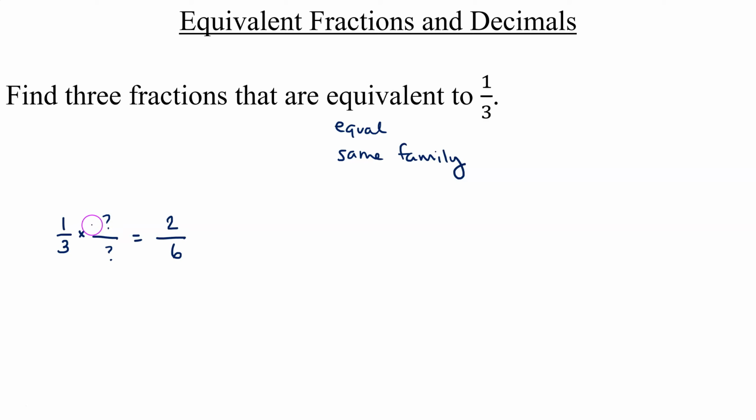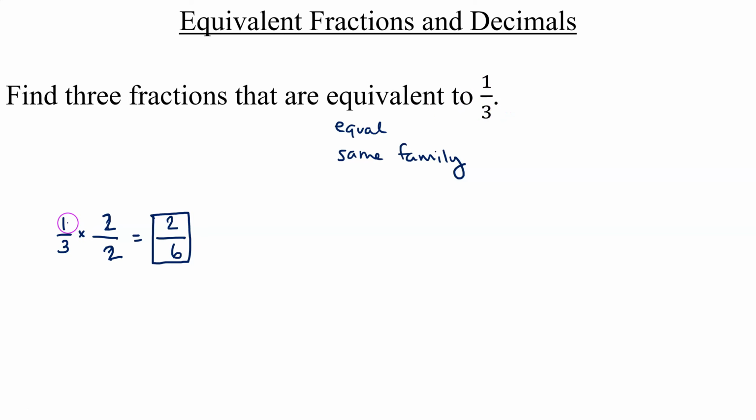And the way that I go from 1/3 to 2 over 6 is I multiply the 1 by a 2, and I multiply the 3 by a 2 in order to get 6. So this would be the first fraction that is in the same family as 1/3, or is equivalent to 1/3.